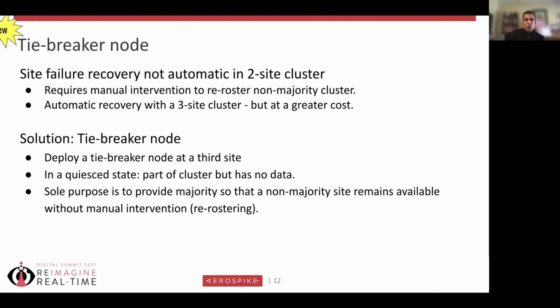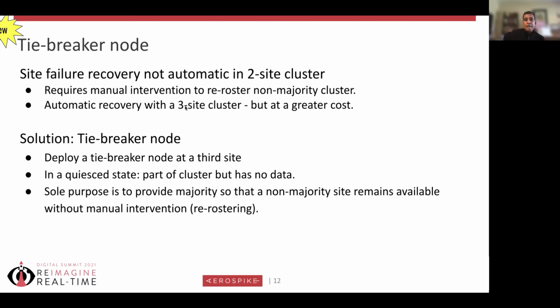In case of a non-majority subcluster, so one site fails, the other site in a two-site cluster could be a minority site, or it could be an equally split site where the distribution of nodes is equal. In that case, since there is no majority of nodes, it cannot own all the partitions, and the data is effectively not available.